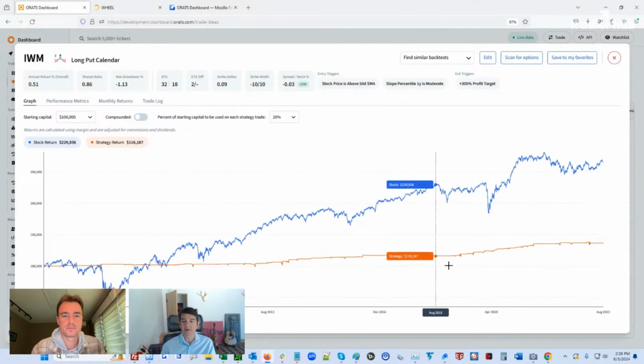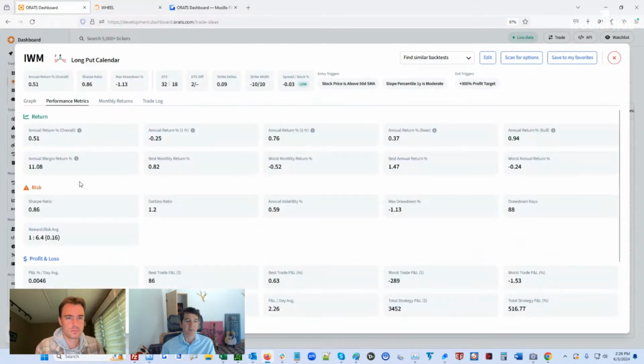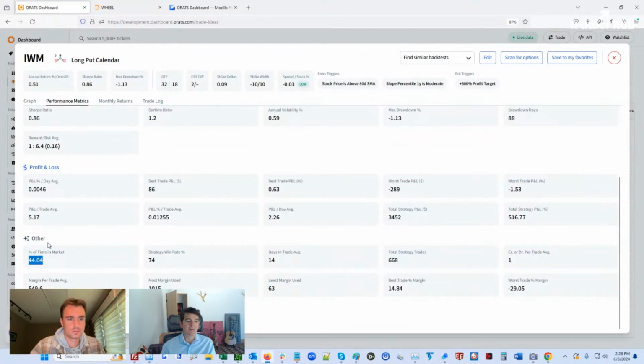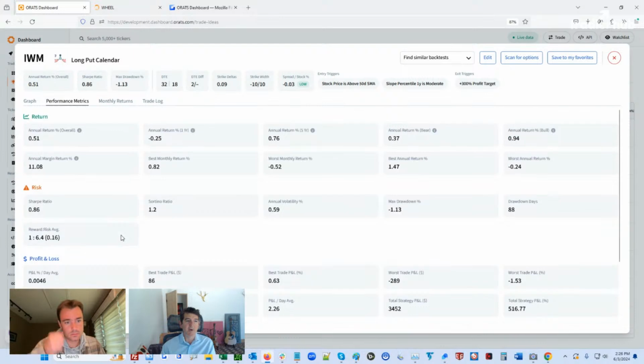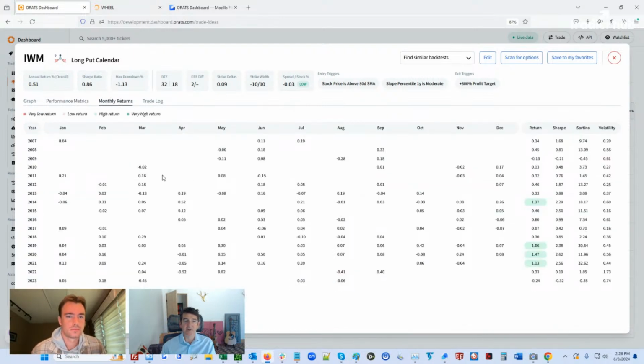Right. So here's the backtest, and it looks a little choppy. That just means that it's only going in when these two things occur: when the stock price is above the 50-day moving average and the slope is moderate. And you can see that this was only in 44% of the time. Then you can view the monthly returns, and there are a lot of months missing.